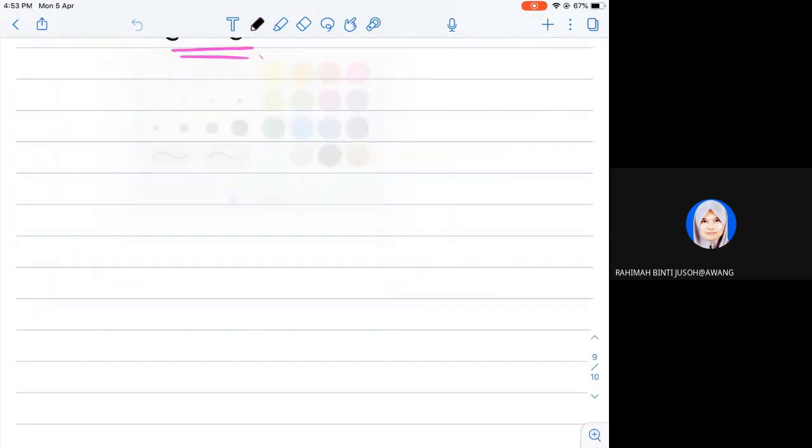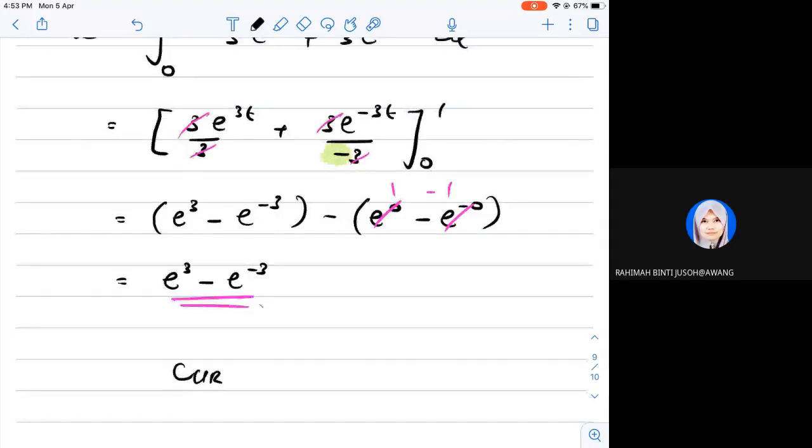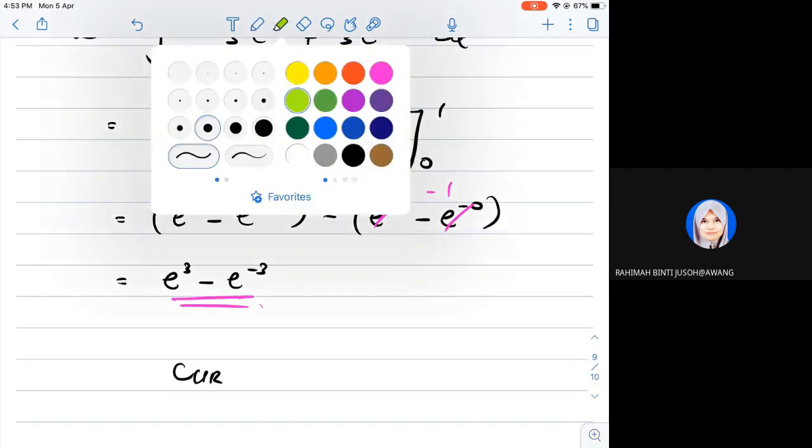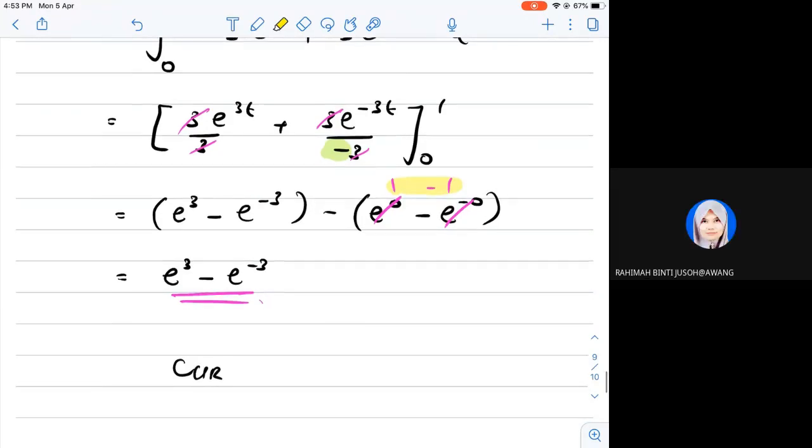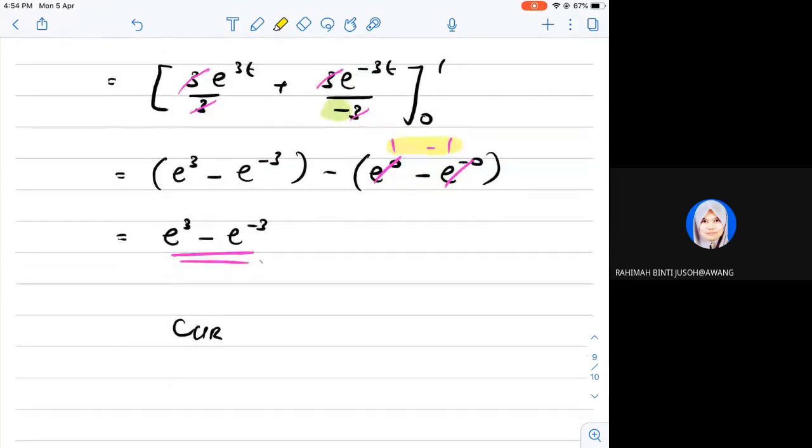Yes, saya. Tadi bukan jadi 2. Mana jadi 2? 1 tolak 1 ni. Ini kan? 1 tolak 1 kosong lah. Yang bawah tu negatif. Dia tak sama. Tak boleh jadi 2.